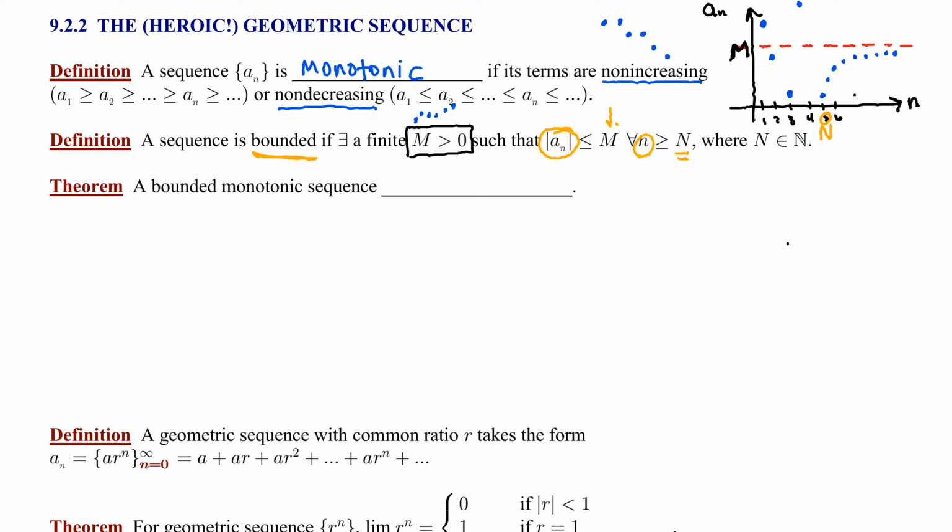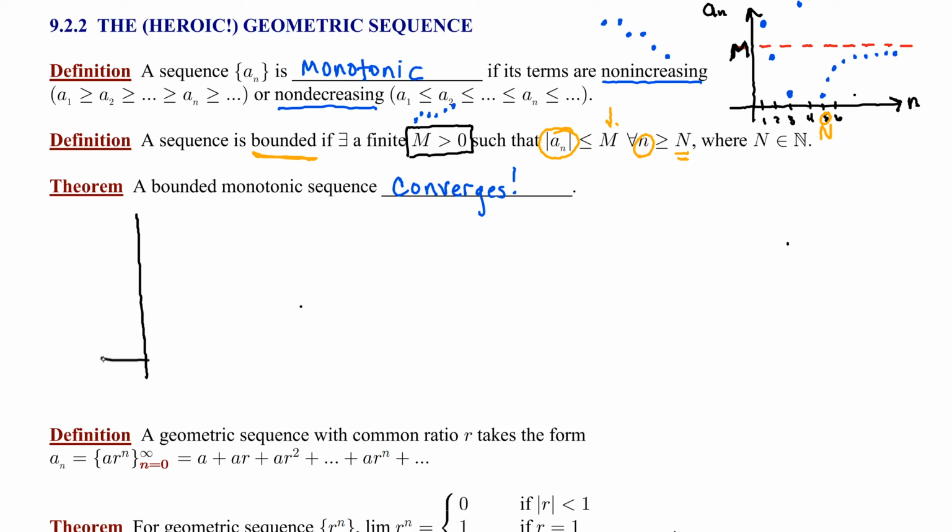Now let's put these two definitions together to generate a theorem. A bounded monotonic sequence converges. So if you have a sequence that has these two properties, it is monotonic and bounded, then it is going to converge.